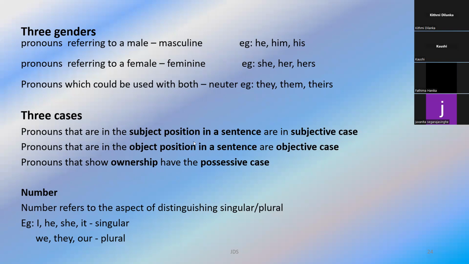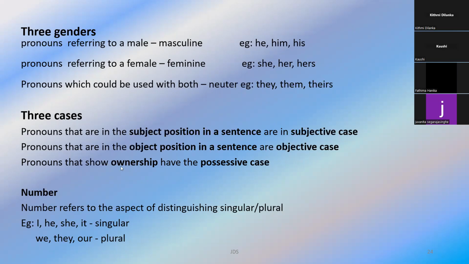Then the case, the three cases. They can appear in the subject position of a sentence, and then they fall under the subjective case. If they appear in the object position of a sentence, it's identified as the objective case.